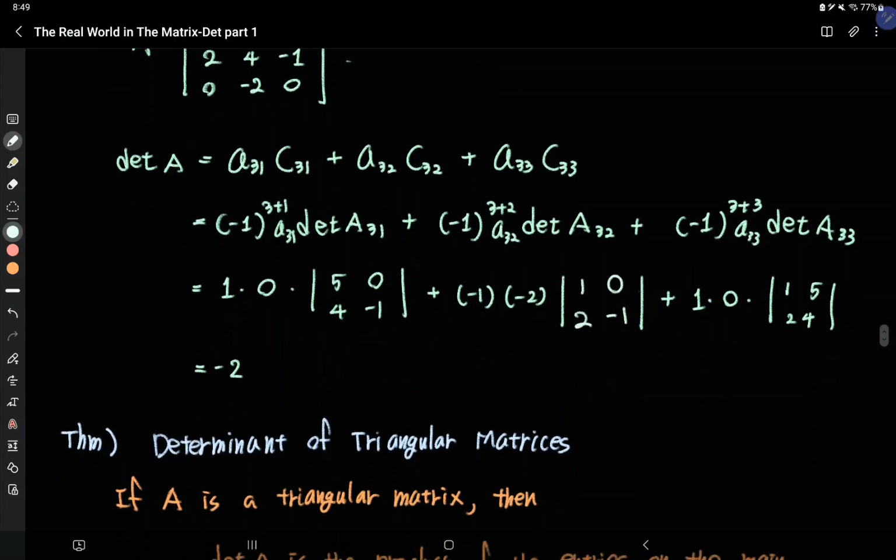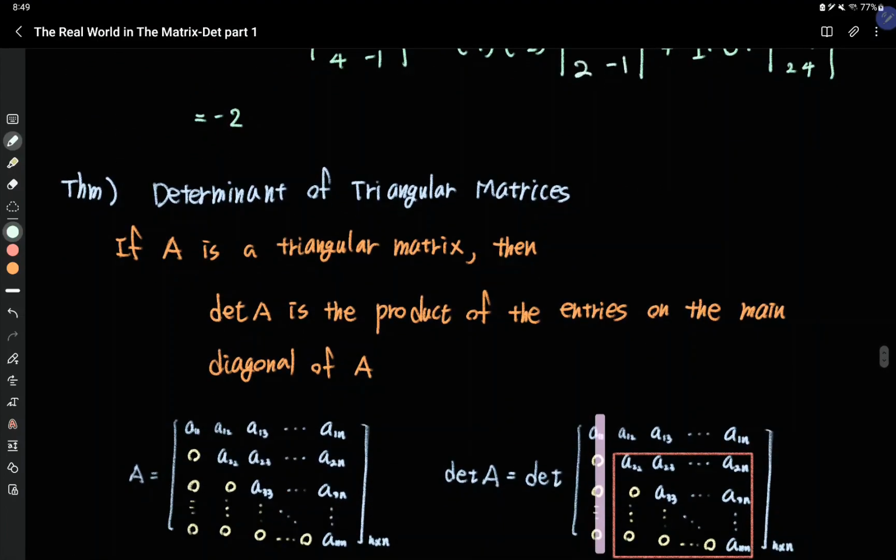Okay, so here's the theorem on the determinant of triangular matrices. Finding the determinant of a triangular matrix is easier than finding the determinant of a regular square matrix. Why?